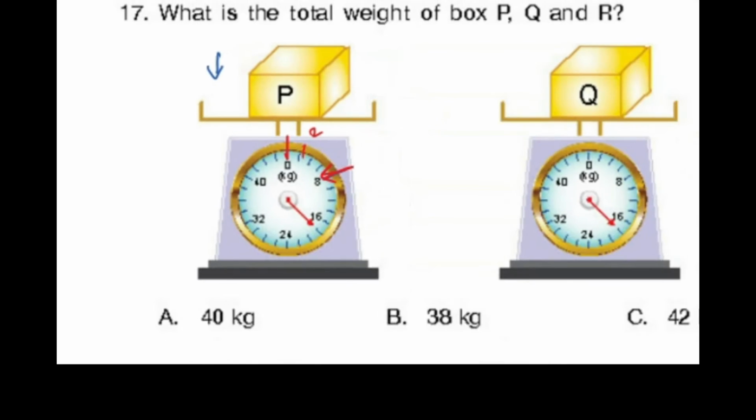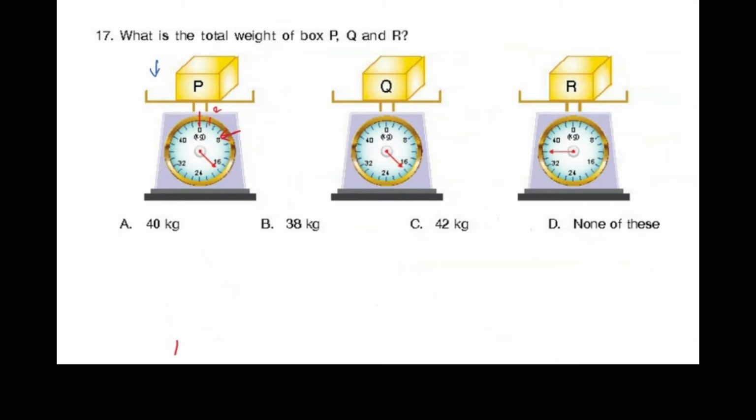So accordingly the weight of P is 18 kg. Weight of Q is also the same, 18 kg. Let's check weight of R. After 2 gaps, 32 plus 4, that means 36. What we need to find?